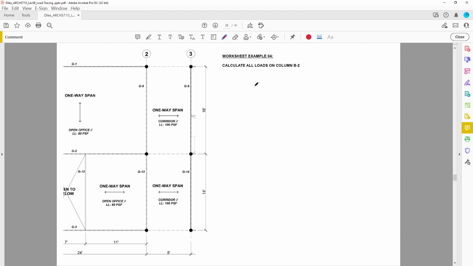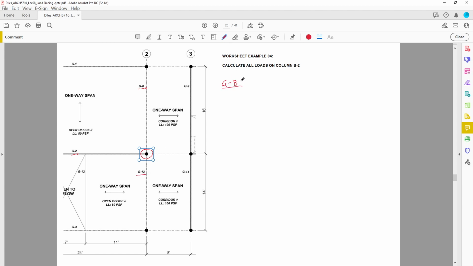So this is worksheet example 4. Calculate all of the loads on column B2. So this is column B2. So we're trying to figure that out. All right, so what are the loads from G8? So we know that we have to deal with the loads from G8, the loads from G2, and the loads from G13.